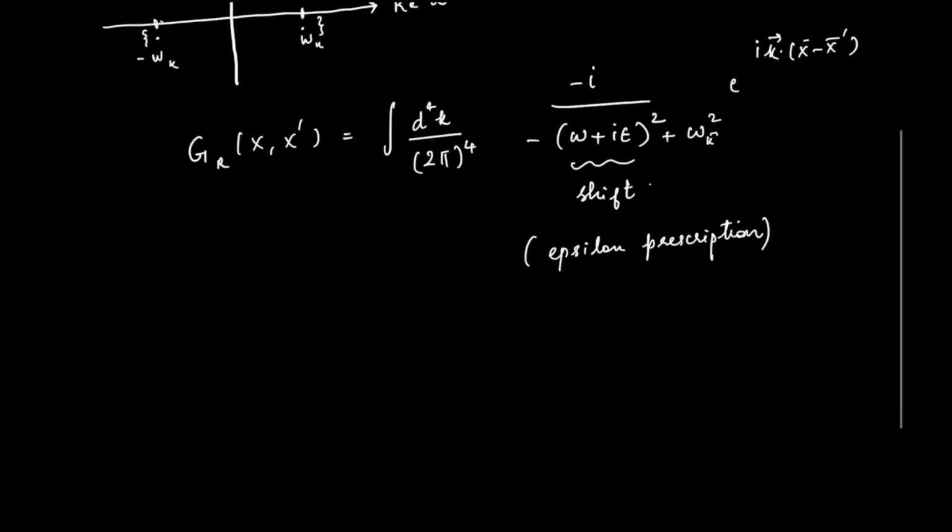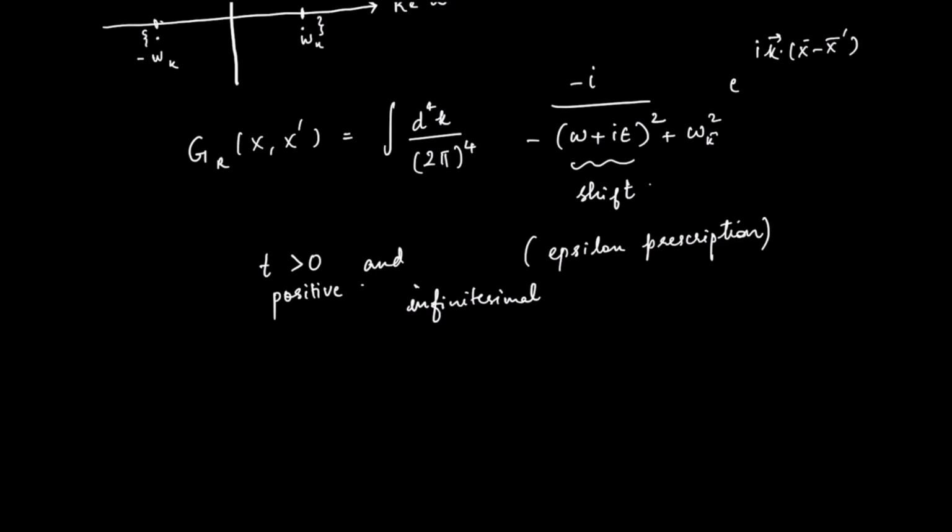So for t greater than 0, that is for t having positive values and infinitesimal. Why am I writing infinitesimal? Because it's a tiny shift, a tiny piece that I am looking at. Then (omega plus i epsilon) whole squared plus omega_k squared is equal to 0.